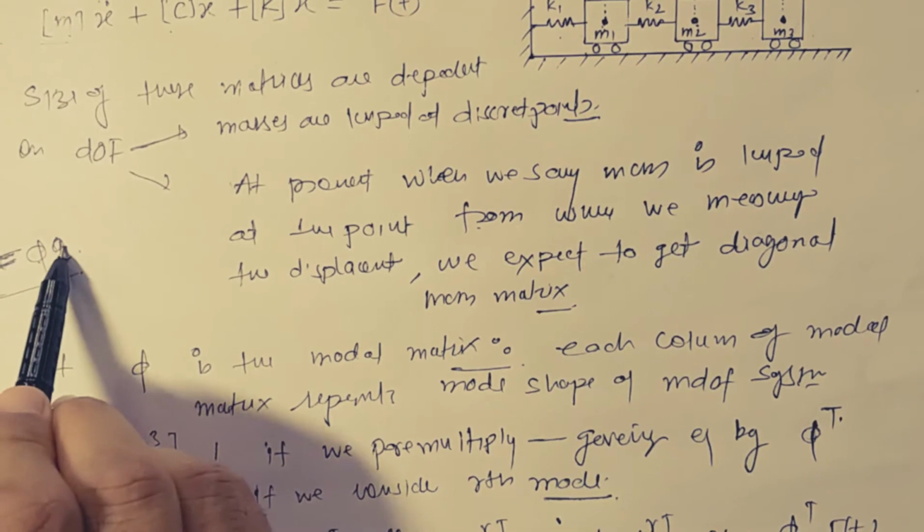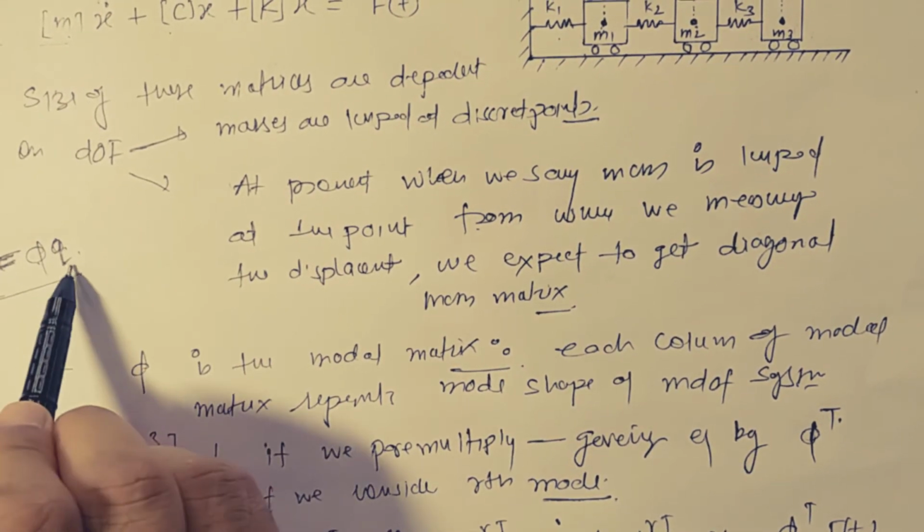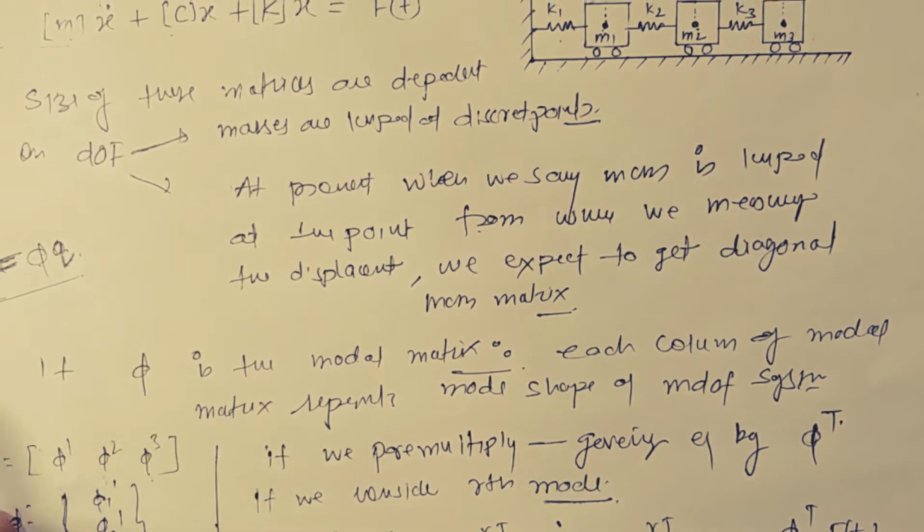X is equal to phi Q. This is the modal matrix, this is the modal coordinate, and this is the system coordinate.